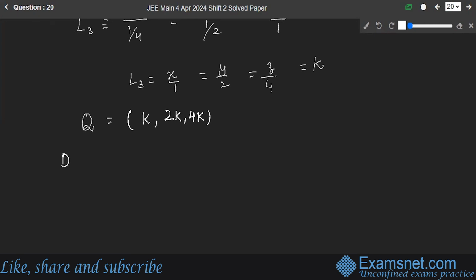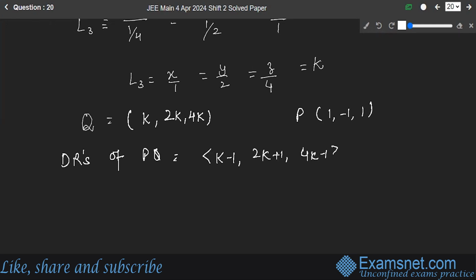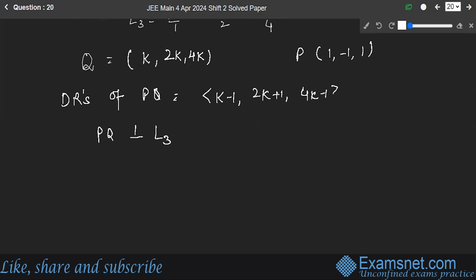So direction ratios, I already have the P as this. Direction ratios of this PQ will be given by k minus 1, 2k plus 1, 4k minus 1. Now PQ is perpendicular to L3.